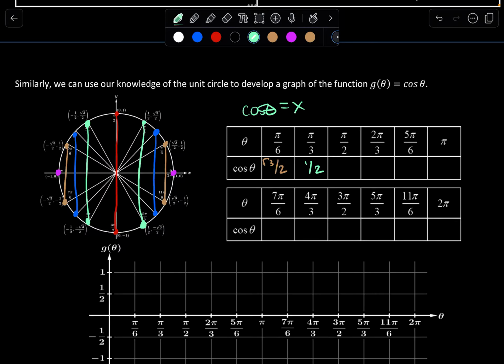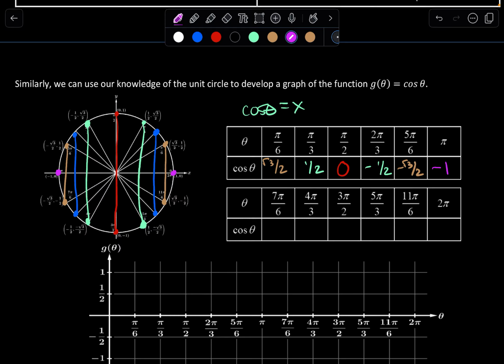So we'll have 1/2. And then pi over 2, we're on the y-axis, so x is going to be 0. 2 pi over 3, we're now moving to the left of the y-axis, so that is negative 1/2. And then 5 pi over 6, we'll have the tan, which is negative root 3 over 2. And then finally for pi, we're at the furthest distance from the y-axis, which is negative 1, that radius.